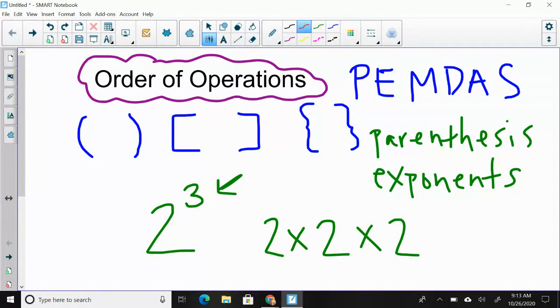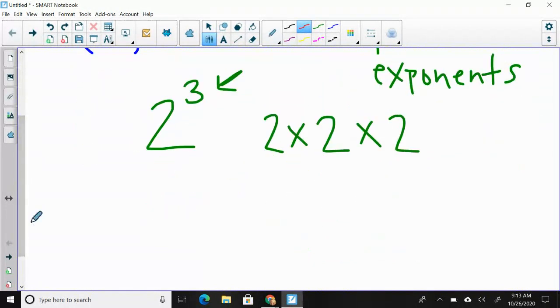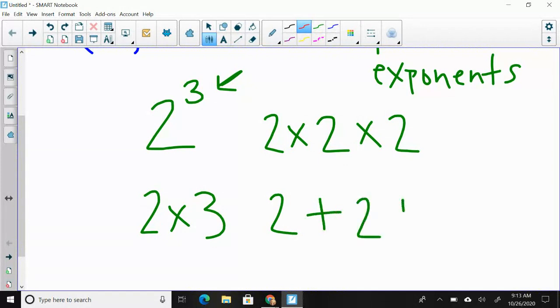So if I said 2 times 2, that is 4, times 2 again is 8. So this means repeated multiplication. It's not repeated addition. If I had 2 times 3, that means 2 plus 2 plus 2, which is 6. 2 times 2 times 2 is 8.